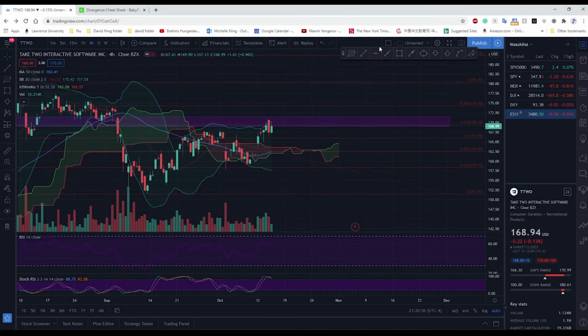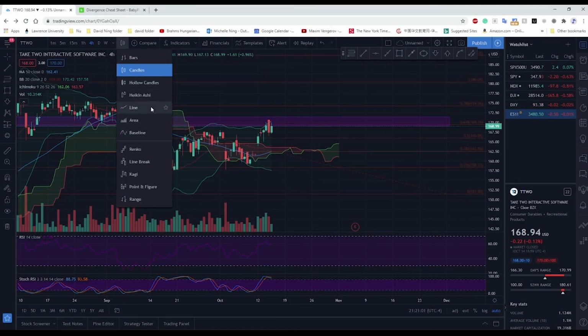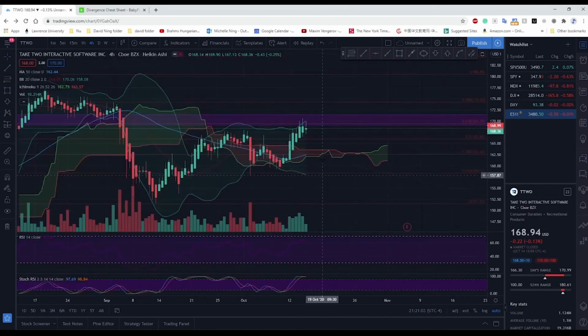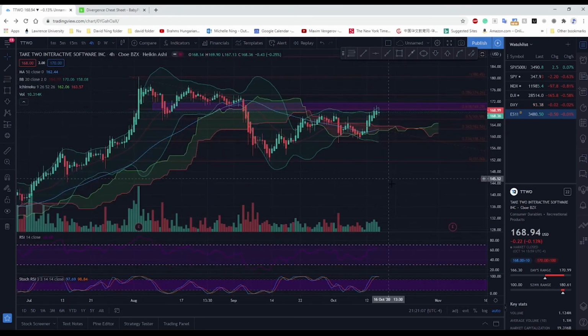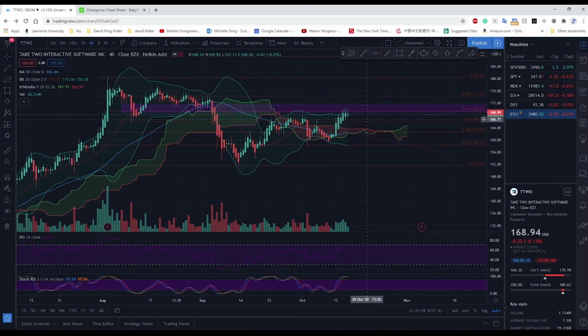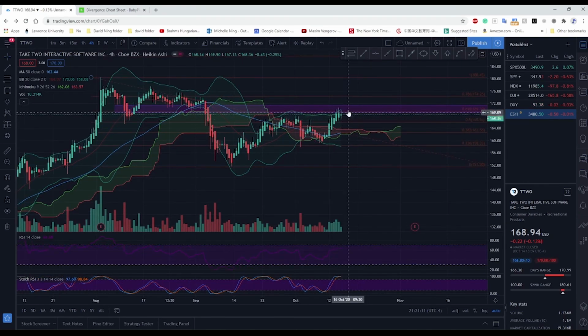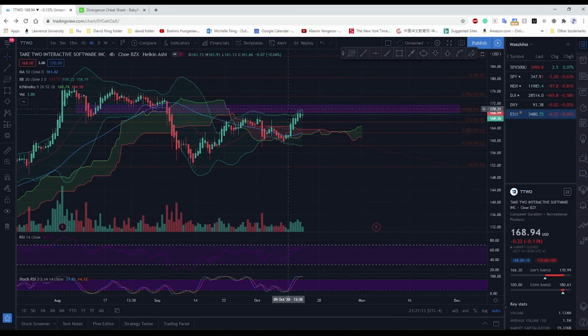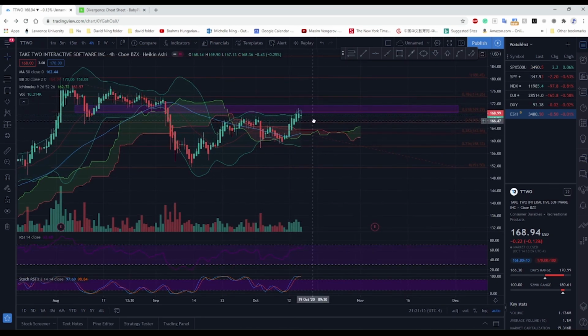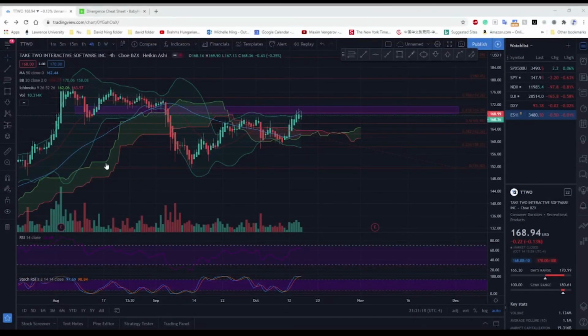But yeah, I'm not a big fan of this doji right here on the Heiken Ashi, so I would just wait on it. I wouldn't rush into this trade if you're planning to trade it. Yeah, of course.